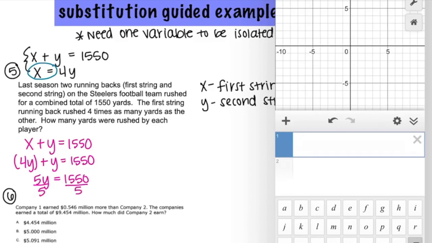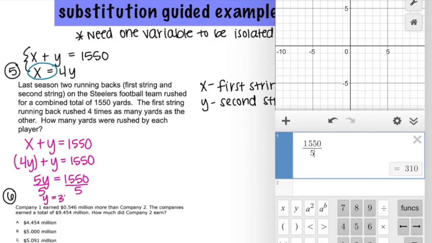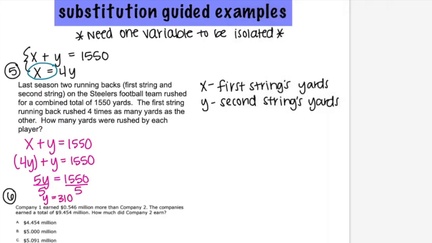Now I'm going to pull up Desmos to divide this. So we got to divide by 5. It's 310. So y is 310. All right, well now, if I know y is 310, I want to know x. So I can take 310 and plug it in for y in either one of the first two equations.